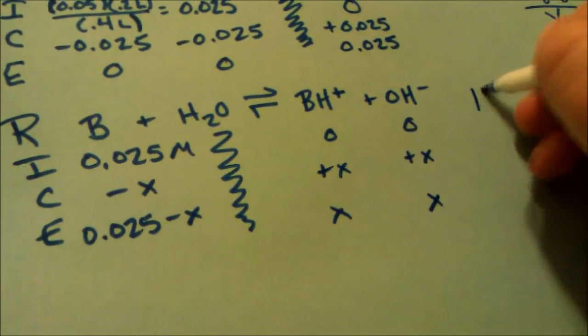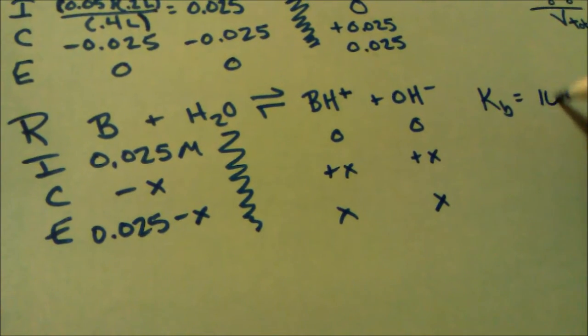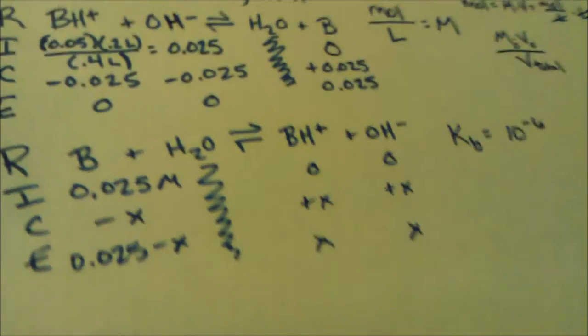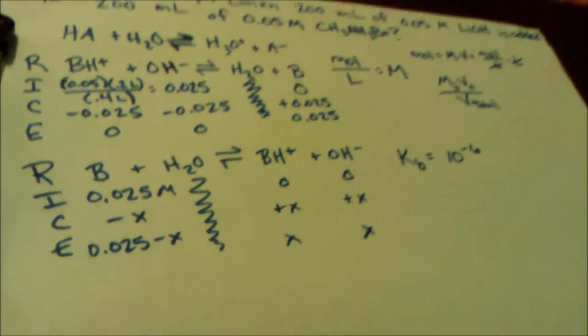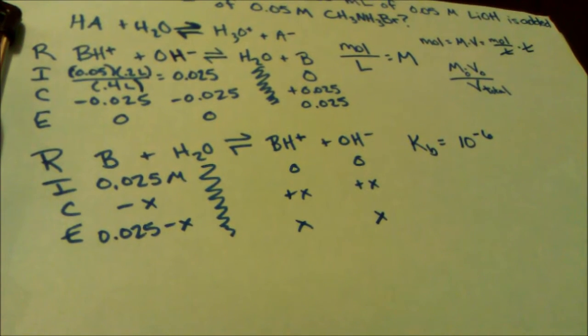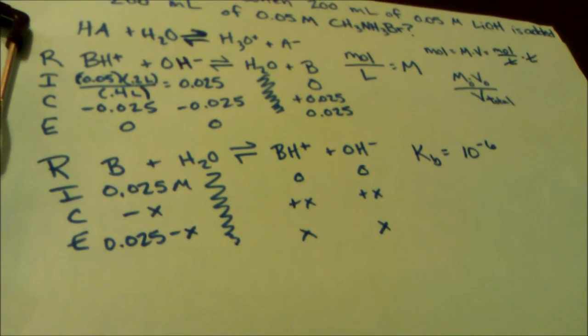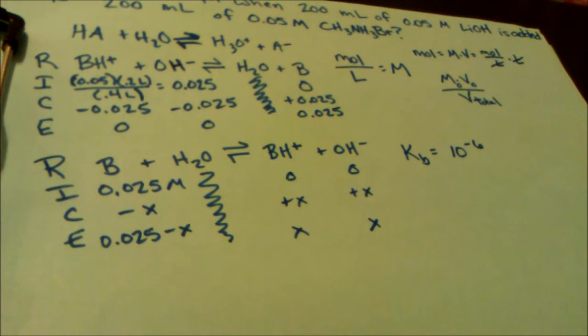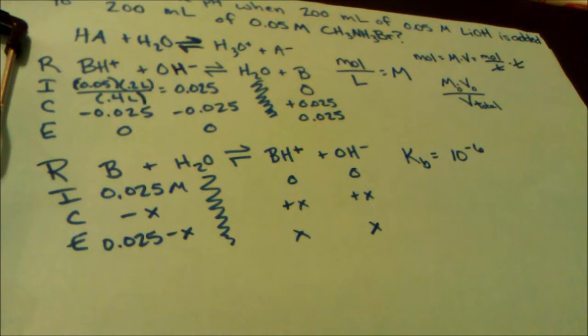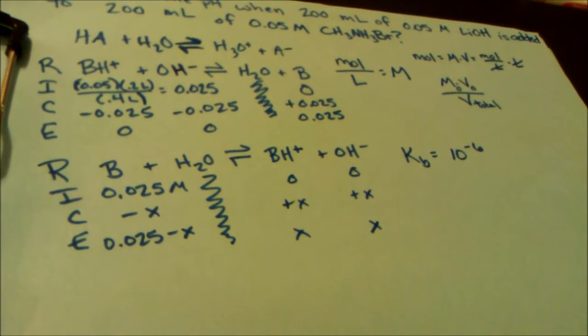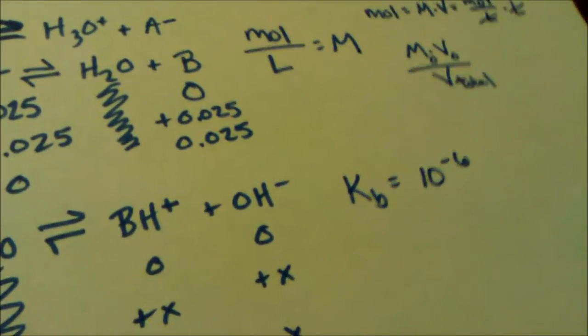Earlier in the worksheet, we were told that Kb for this is equal to 10 to the negative 6th. So Kb equals 10 to the negative 6.